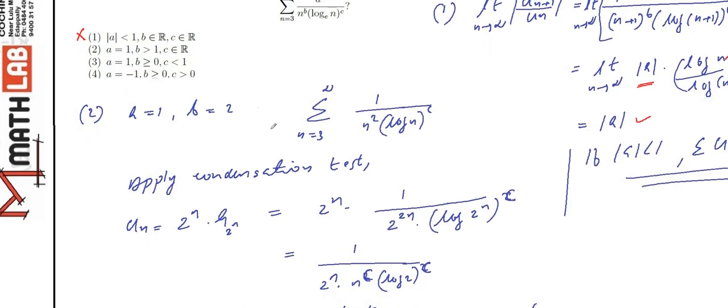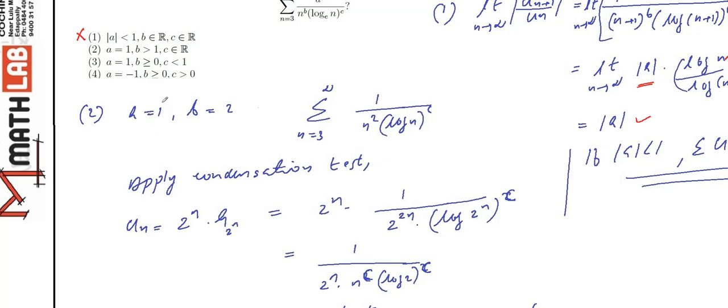Here the problem is, what happens when mod a is equal to 1? If mod a is greater than 1, again we can say that it's divergent, but unfortunately such an option is not here. So if mod a is equal to 1, what happens? That is the next question, and those options are given in different cases.